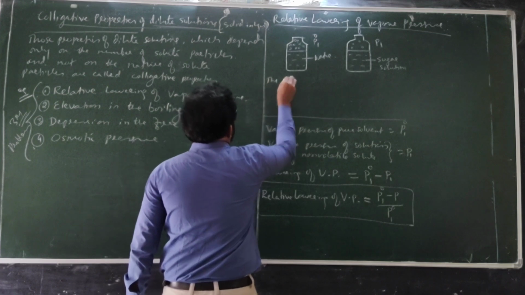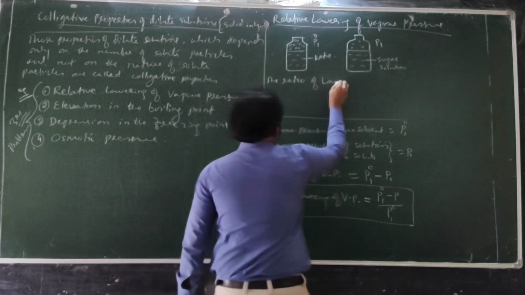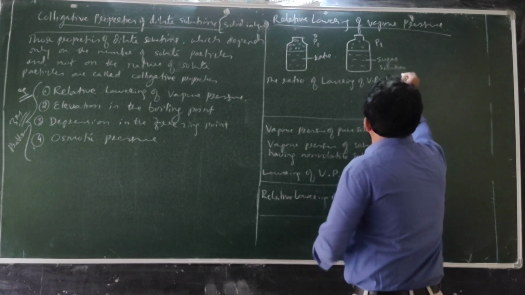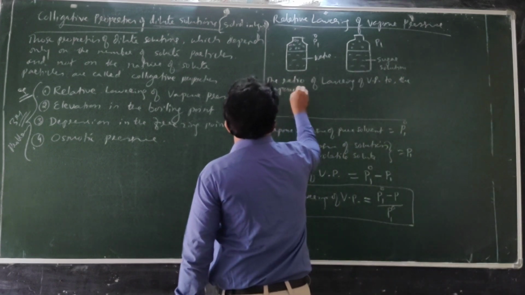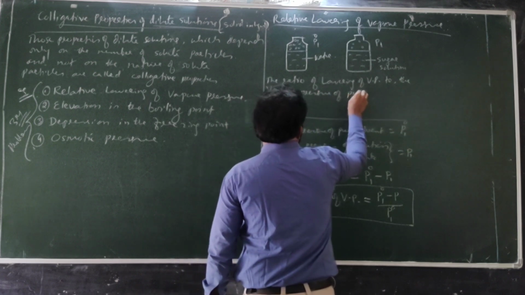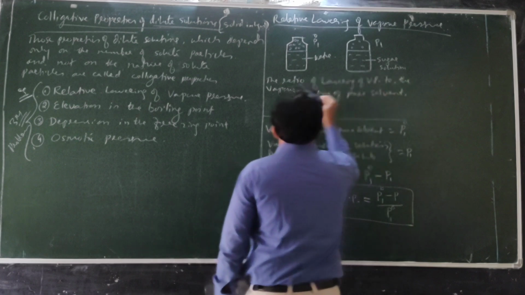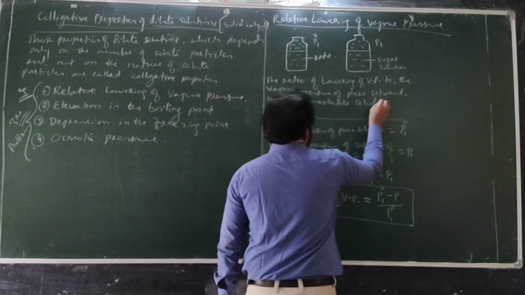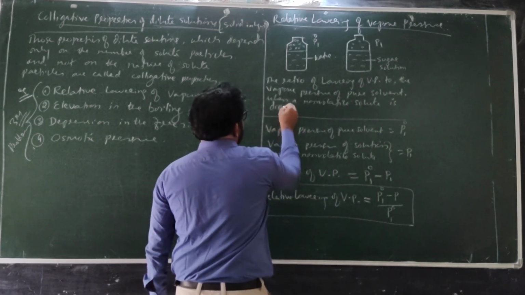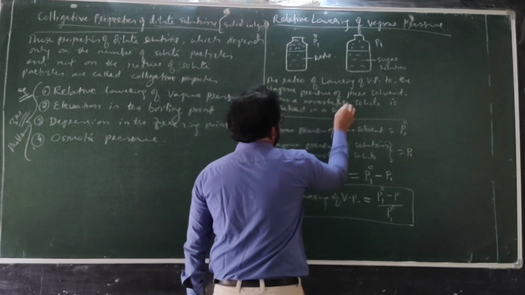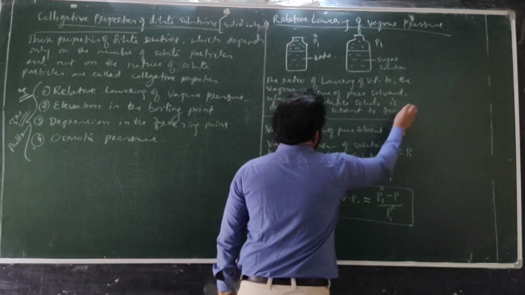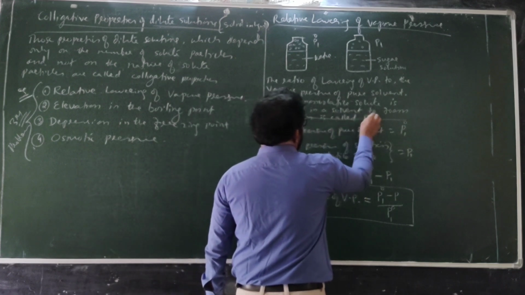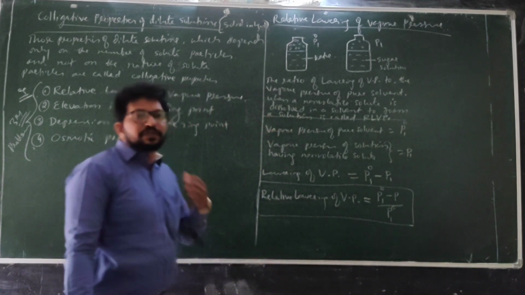I write here: the ratio of lowering of vapor pressure to the vapor pressure of pure solvent when a non-volatile solute is dissolved in a solvent to form a solution is called relative lowering of vapor pressure.